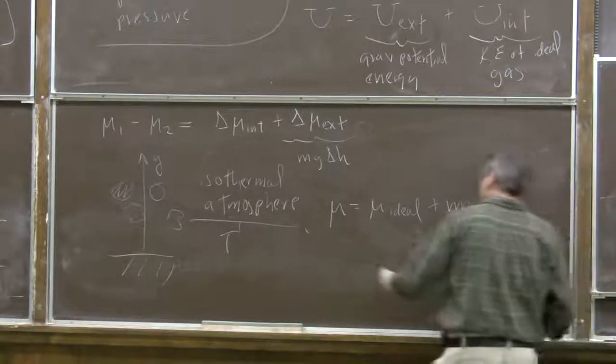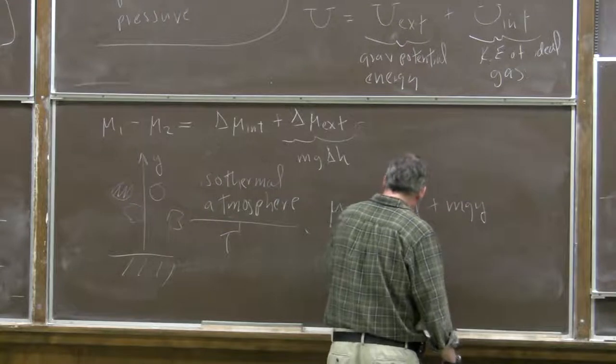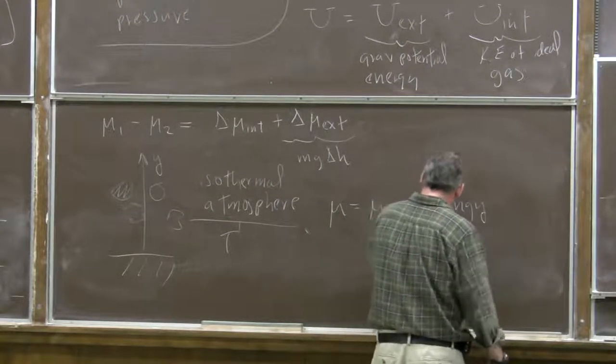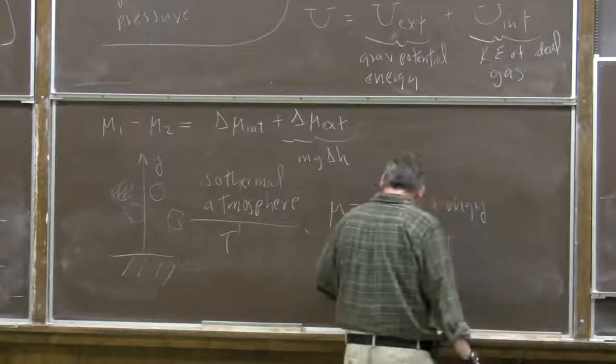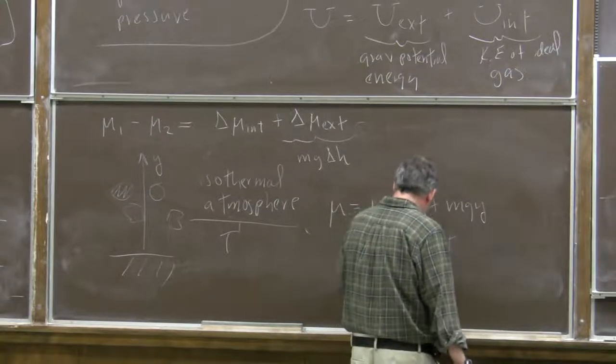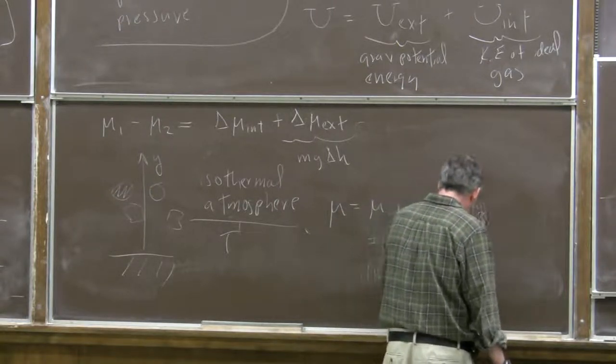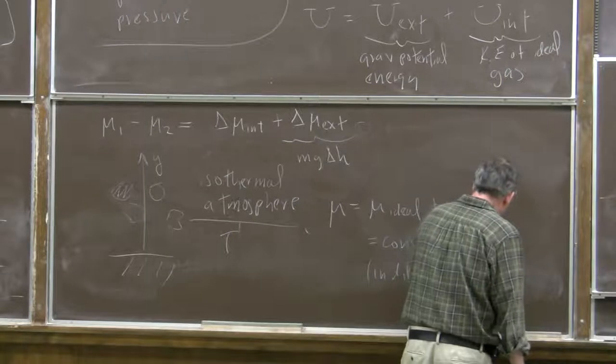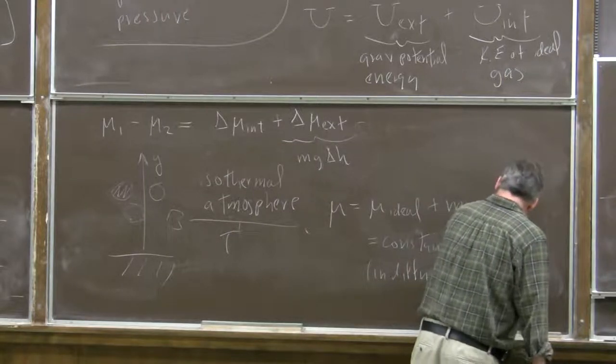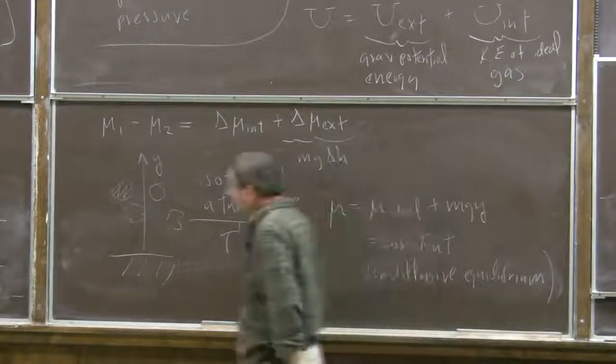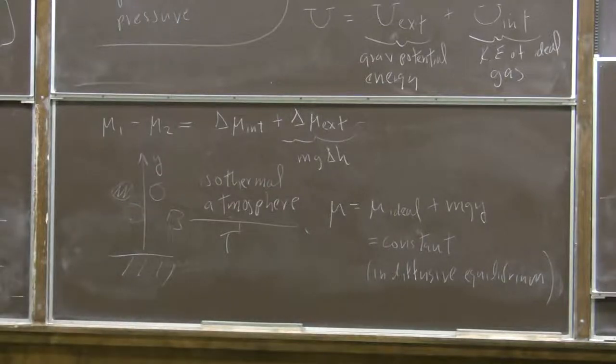So this will be a constant in diffusive equilibrium. So we can see how the concentration of the gas will vary with height if the system is isothermal.